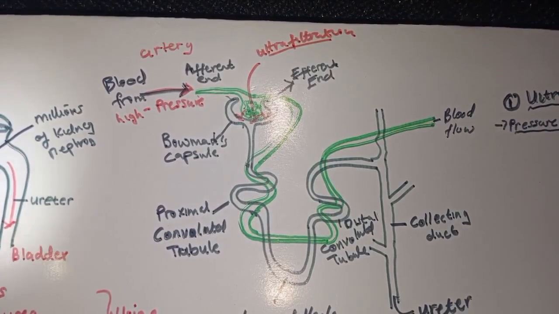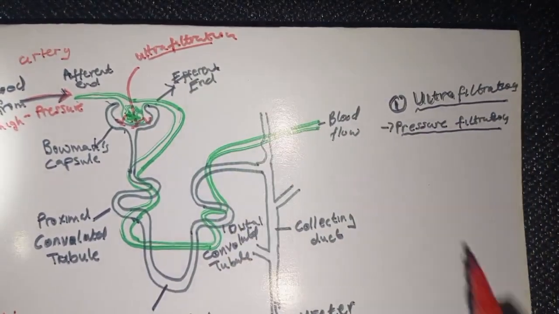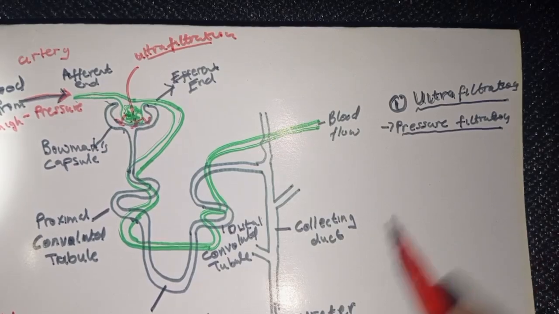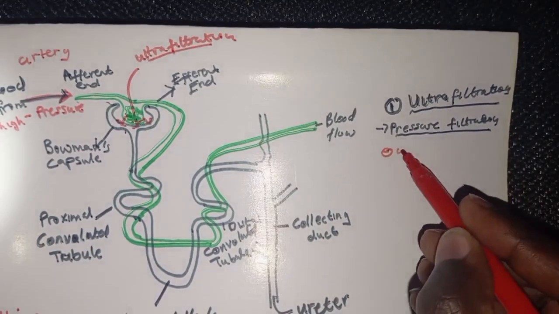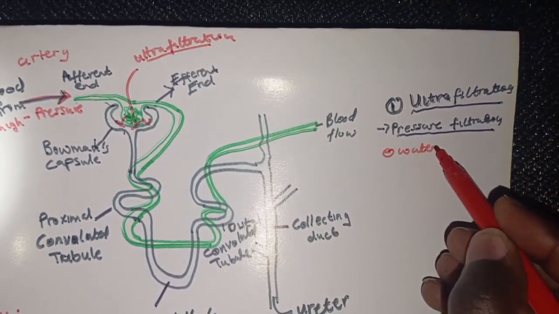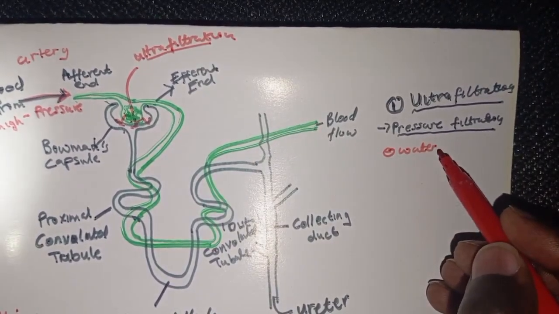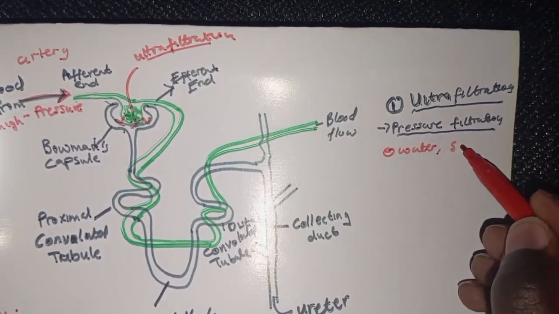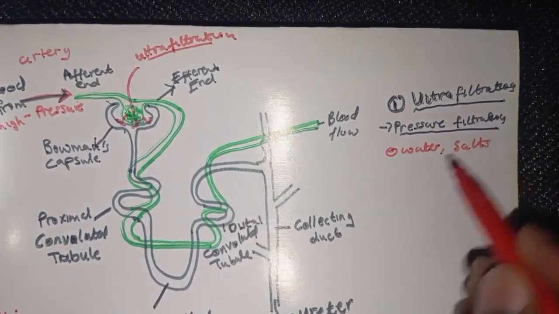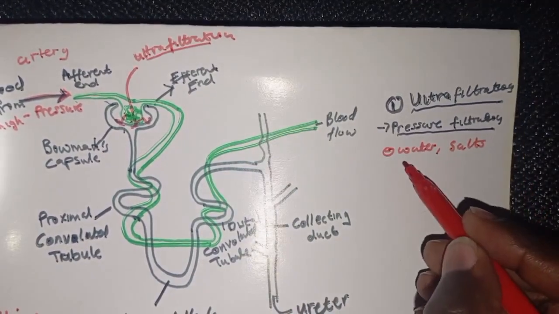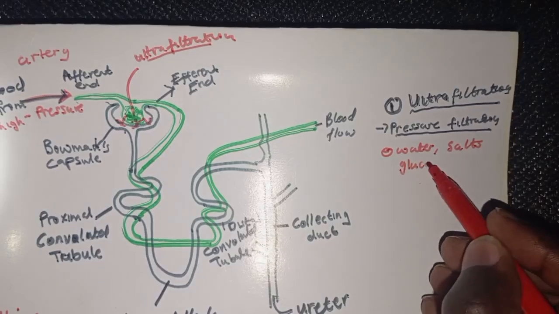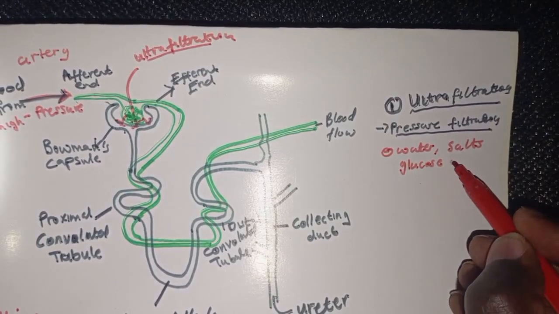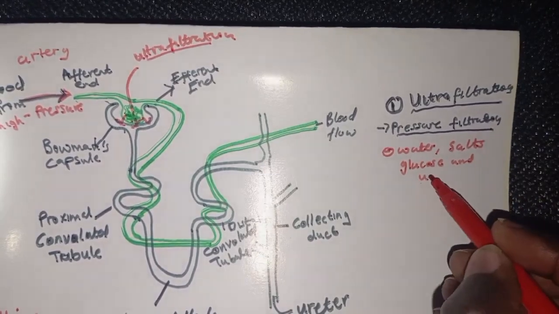So now how can we define this? This is the filtration of small molecules such as water, okay. Remember, I'm saying small molecules, such as water, salts, okay. These are important that I'm listing here: glucose and as well urea.